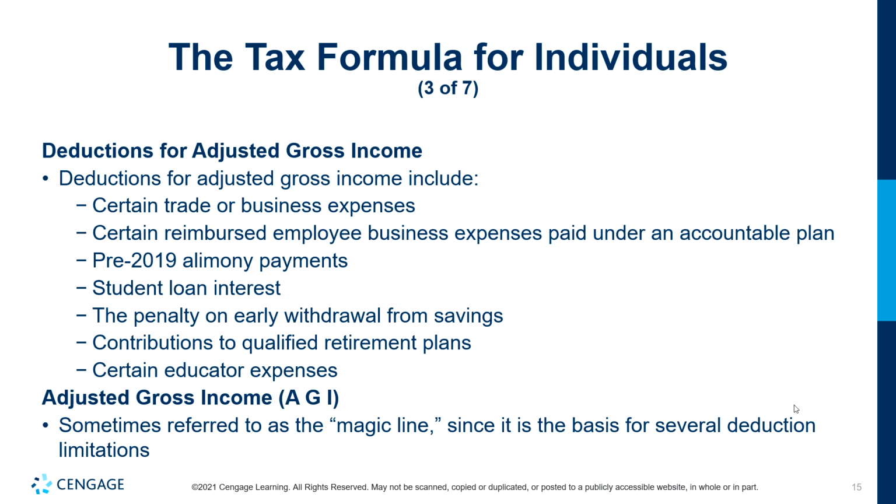Yes. Now, AGI is sometimes referred to as the magic line, since it is the basis for several deduction limitations. You're actually going to see as we move through the course, we're going to use AGI basically as our starting goal.